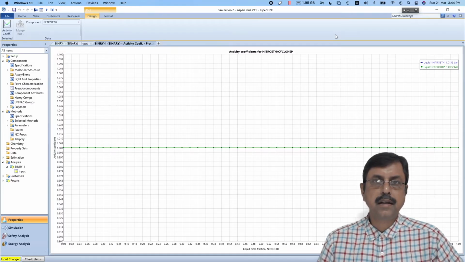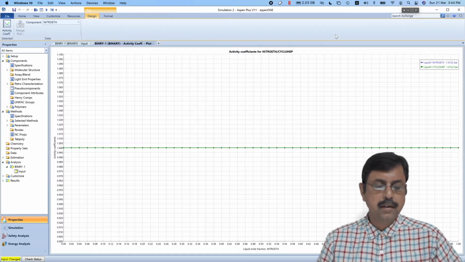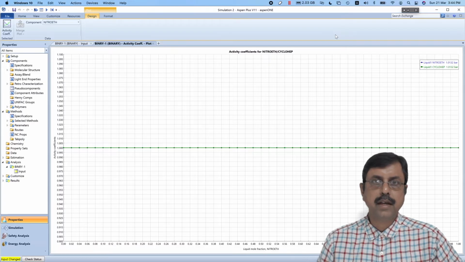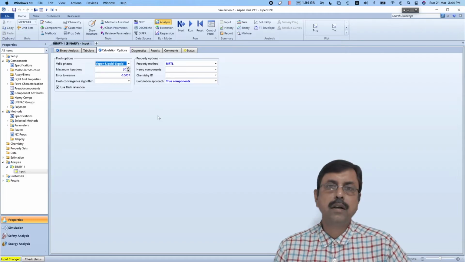So even the inertial system is suggesting that the activity coefficient is 1. That means it is identical to an ideal condition. But it is strange, inertial should not give this kind of result. Let us see what the UNIQUAC property method suggests.